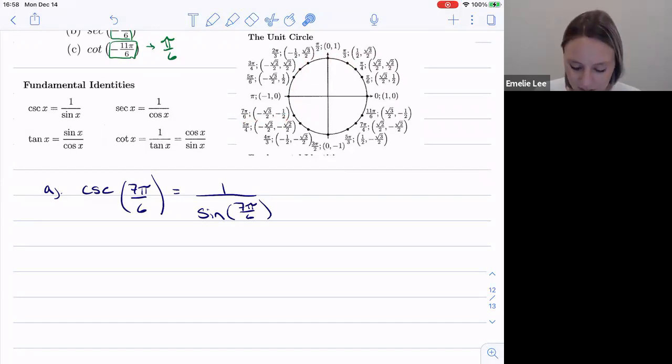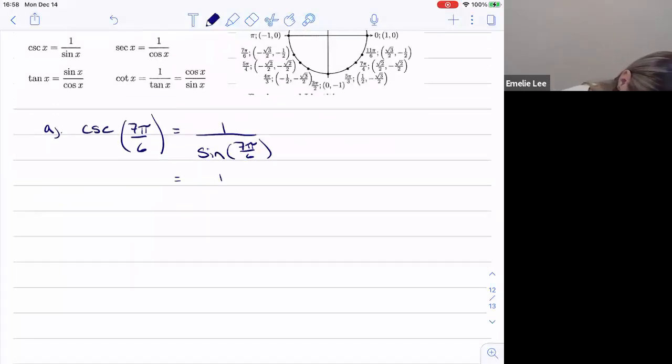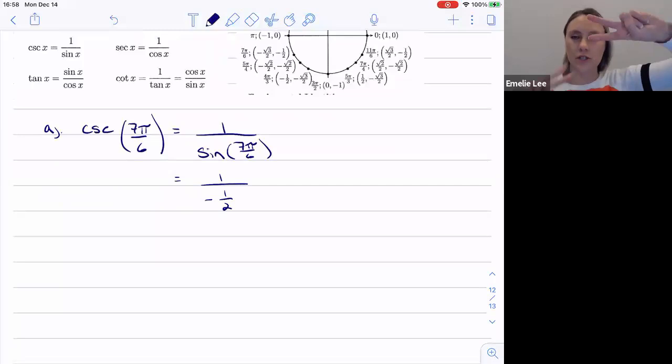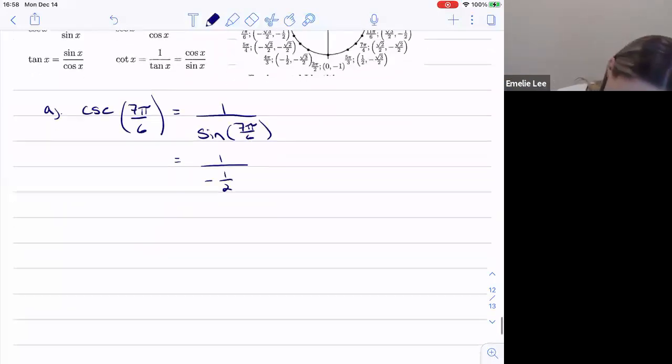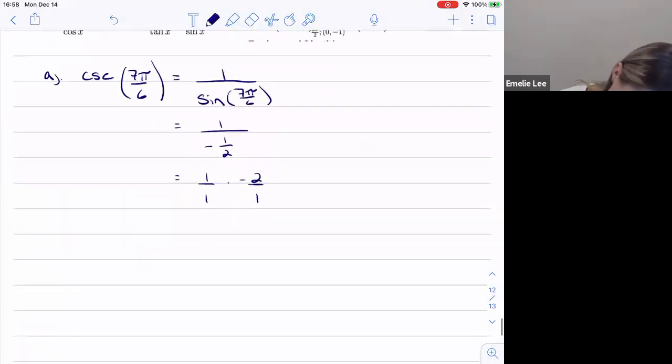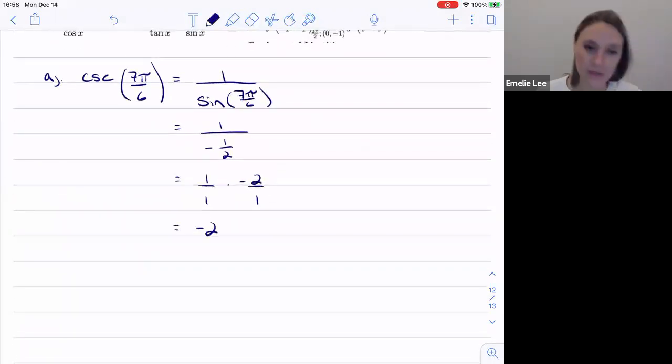So I can replace sine 7 pi over 6 with negative 1 over 2. And so I get 1 over negative 1 over 2. This is essentially a fraction over a fraction, right? 1 is 1 over 1, over negative 1 over 2. So if I flip and multiply, I get 1 over 1 times negative 2 over 1, putting me at negative 2.